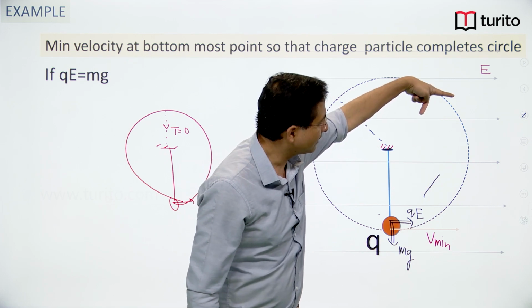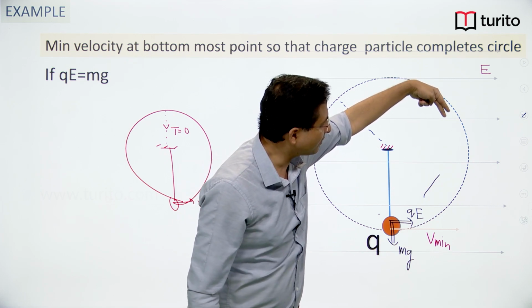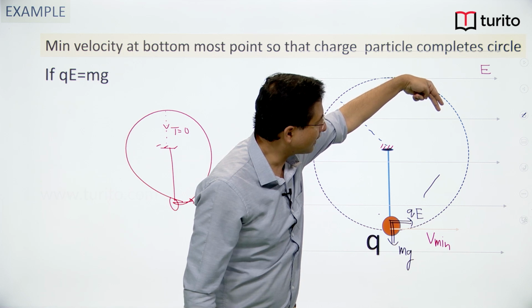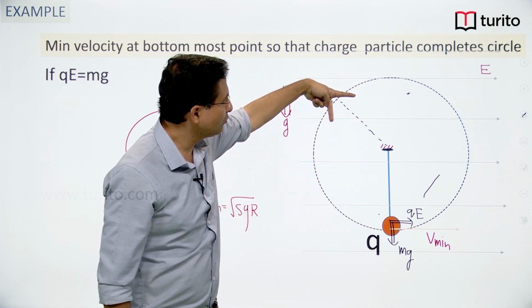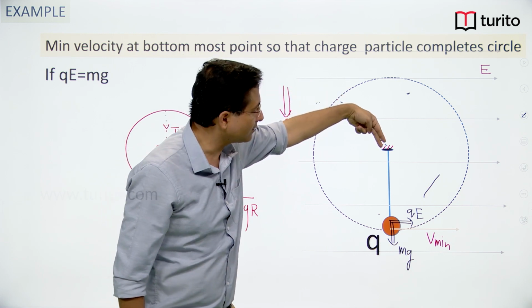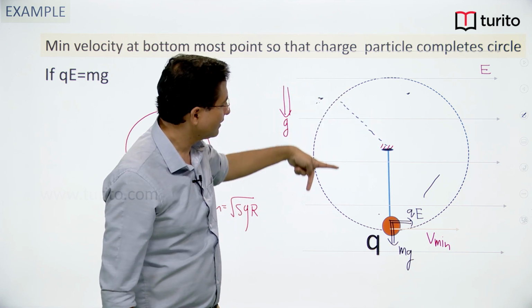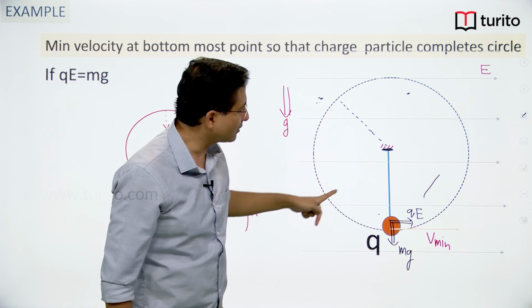Somewhere here if you take, then again the resultant is coming in this direction, that is not coming towards the center. If I further move, somewhere here the resultant can come in this direction. If you further move, then somewhere here again the resultant is not coming towards the center.